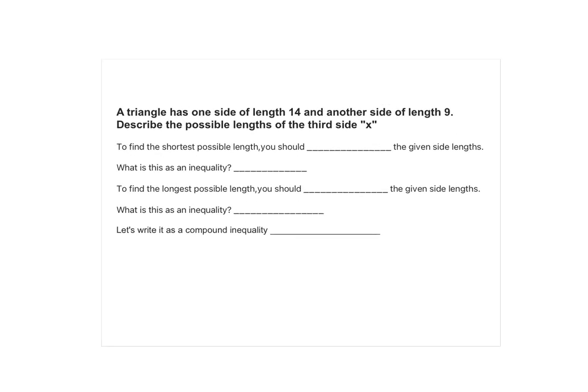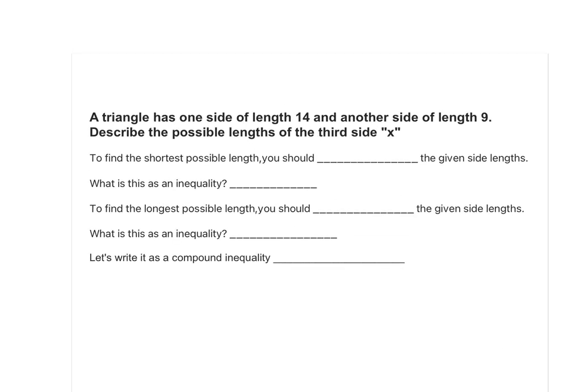Okay, and then the last thing. So again, going back to possible side lengths of a triangle, if I give you two side lengths, there's only a certain range of values that the third side actually could be. So for instance, in this example, a triangle has one side that is 14, another side that is 9, and depending on how far we open the angle between those two sides tells us what's the longest length and what's the shortest length that it could have.